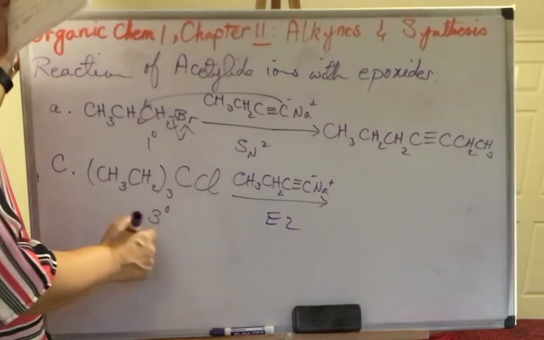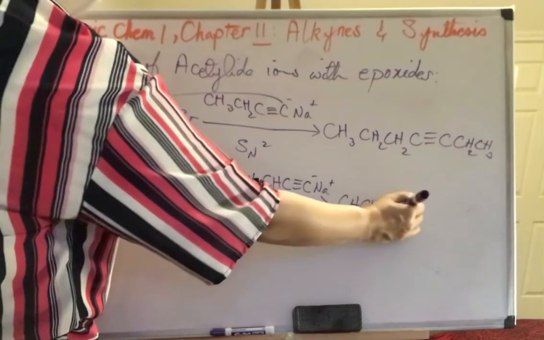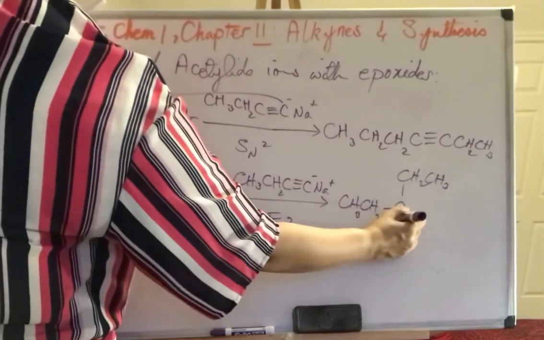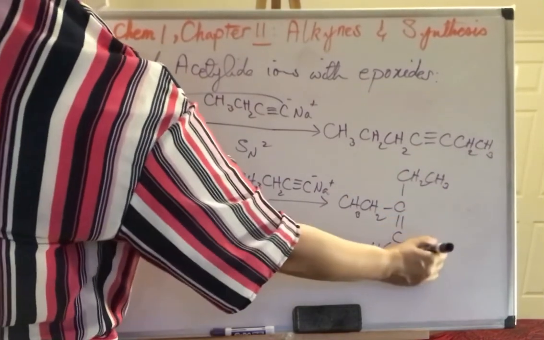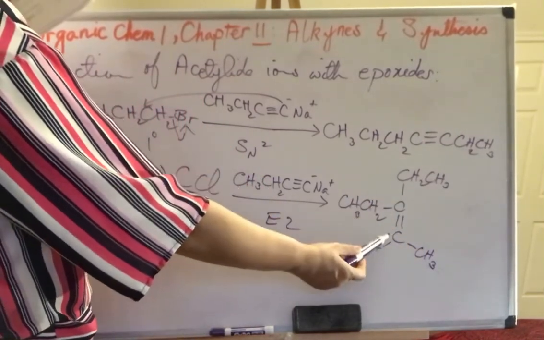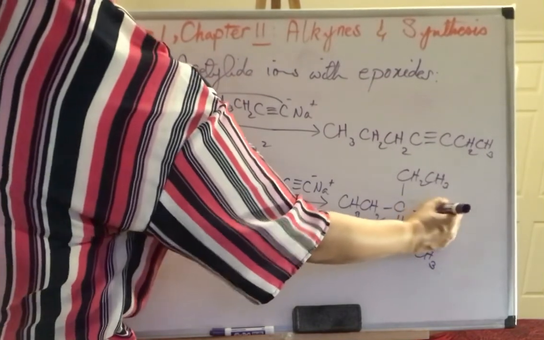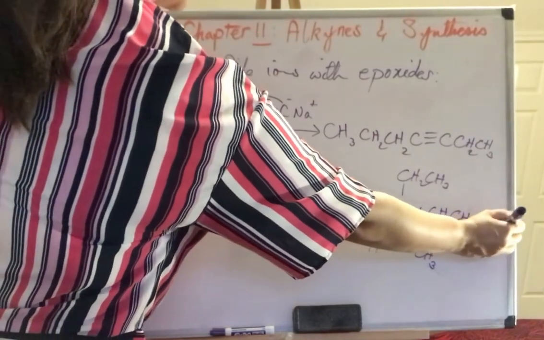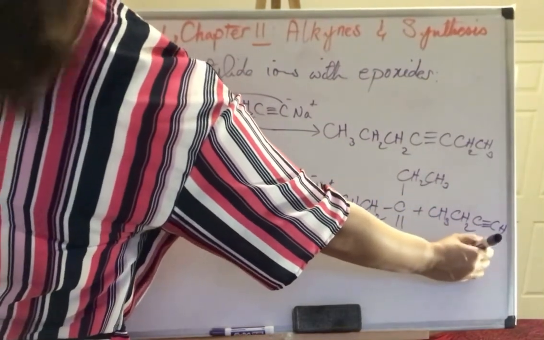An E2 reaction is going to give you CH3, CH2, CH2, CH3, and here you have CH and CH3. Try it, you will see this, because this carbon has to lose 1 hydrogen, and plus CH3, CH2, C, CH, and you have Na also in the solution, NaCl.